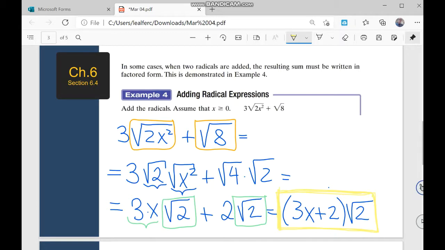We have to factor out the expression, right? We have to factor out the square root of 2, and then we're going to find a binomial, 3x plus 2. See, lots of pieces of knowledge that we have been working on during our course. They are put together to solve this problem.